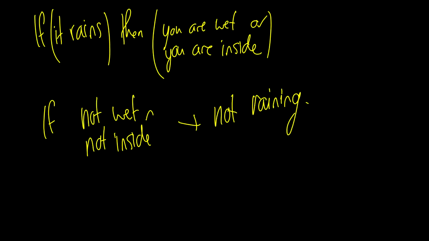Well, this is a little bit easier to observe, since if you say, hey look, there's a dude outside who's dry, then you can pretty much conclude it's not raining. So maybe a little bit easier to do with the contrapositive, but you have to remember, as always, to properly negate your signs and your operators, otherwise you have a little bit of an issue.